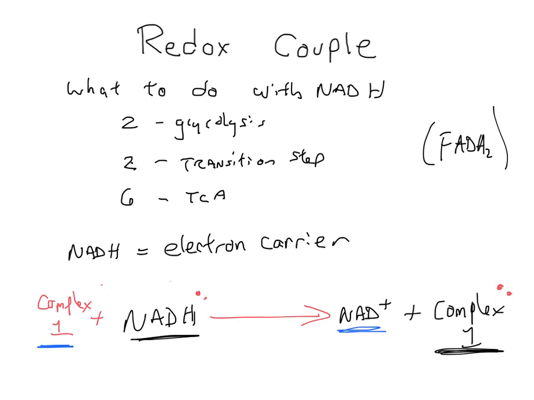We want to be thinking of these donors and receivers of electrons. Now at this point, complex 1 with the electrons becomes the donor as we move along. NADH was the donor in our example.